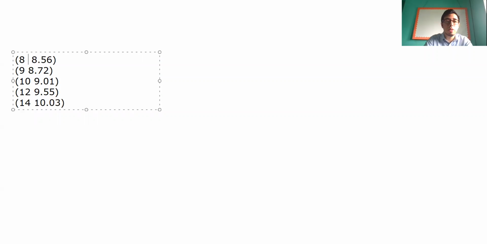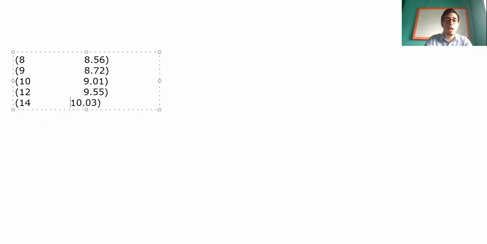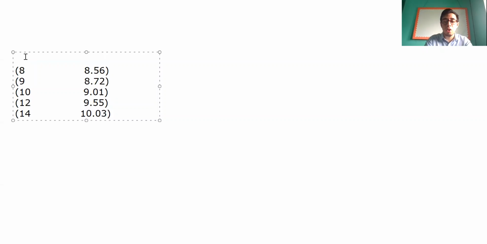I want to separate these two more. So we can divide that: in one of these I'm going to have X and in the other I have Y. Remember, they are different variables. The first one is for the number of pounds and the other one is the cost. So this is X and this is going to be Y.